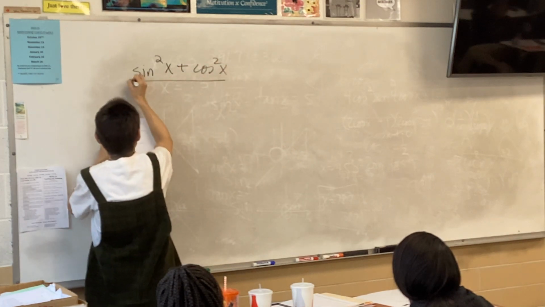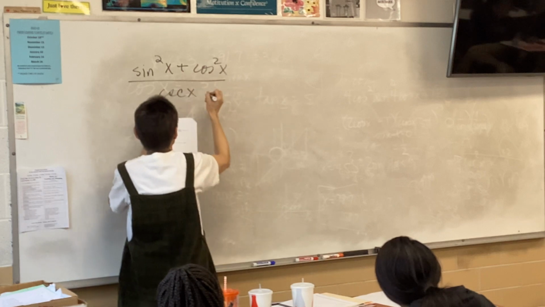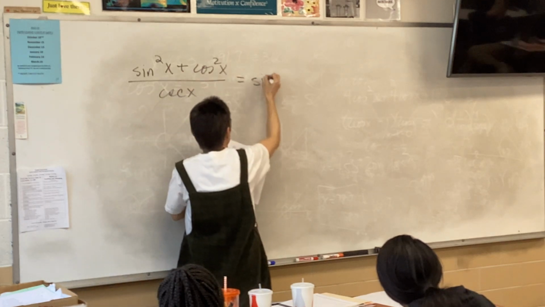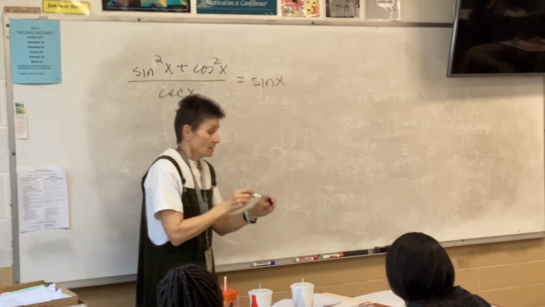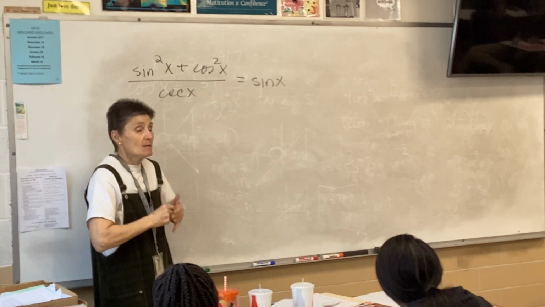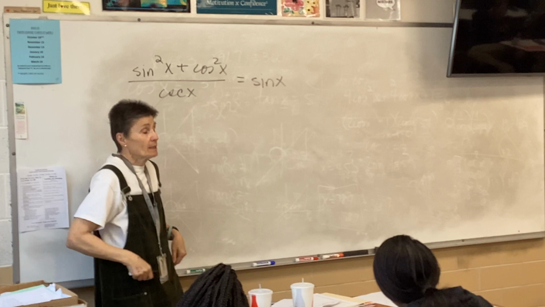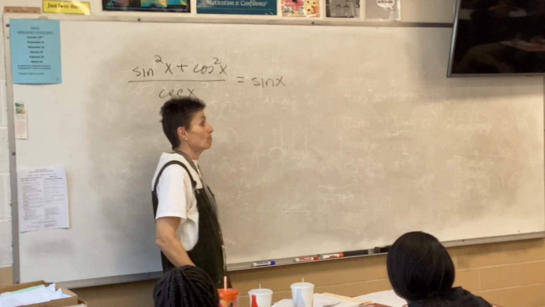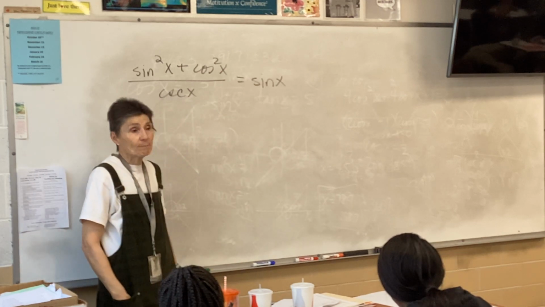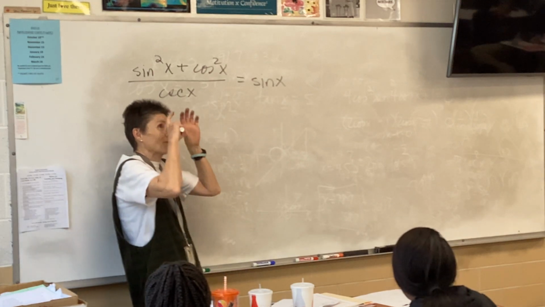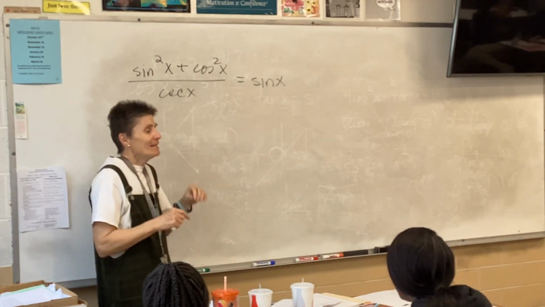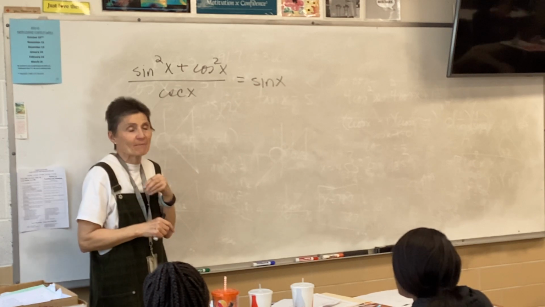Does anybody have any idea what the word verify means? Prove. Yeah. So what we're getting ready to do is a trigonometric proof, just like you did proofs in geometry. It's structured a little bit differently, but it is a proof.